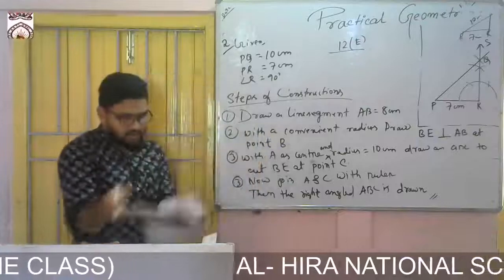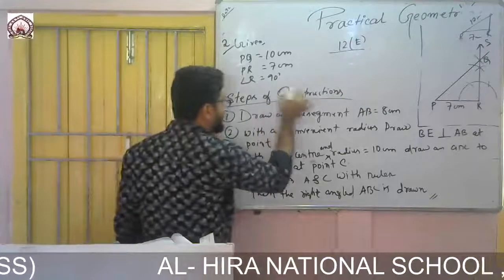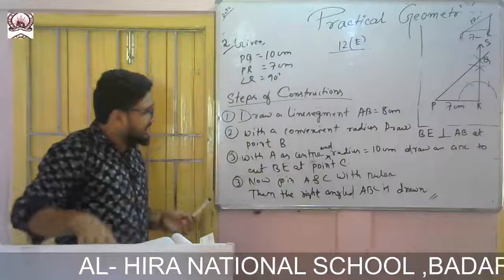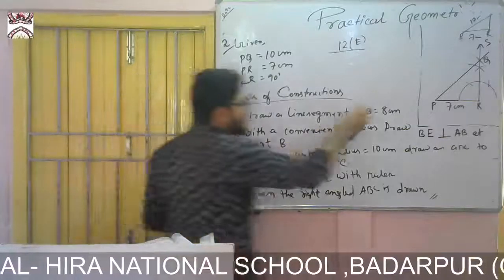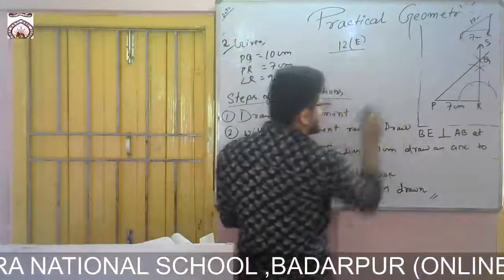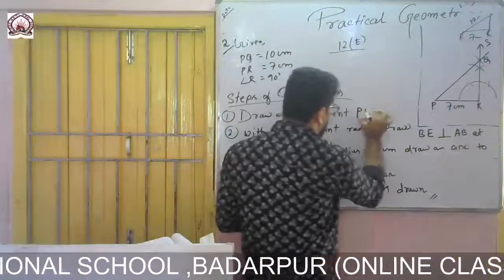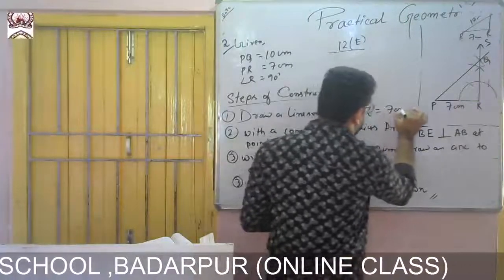Steps of construction. What steps of construction will be changed? Here in case of AB, it will be PR. So write PR equals 7 centimeter.